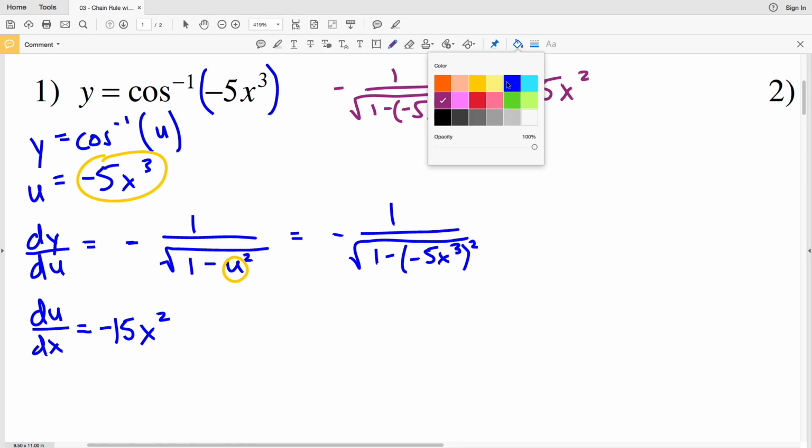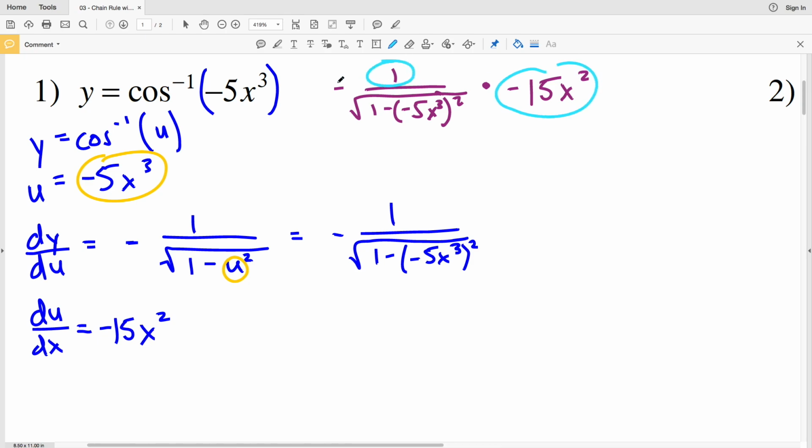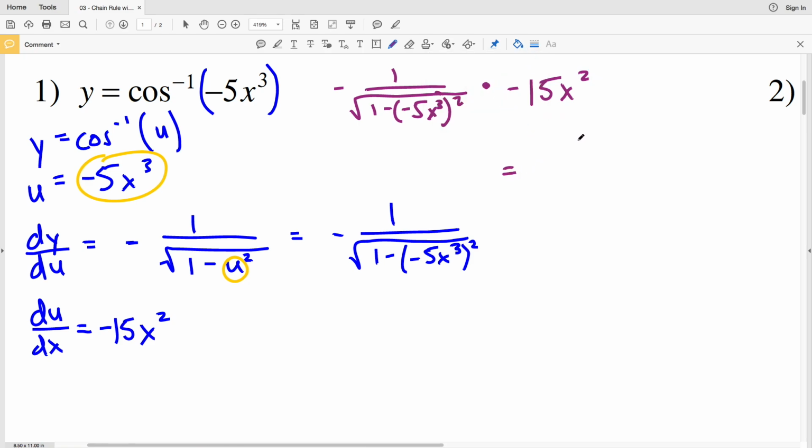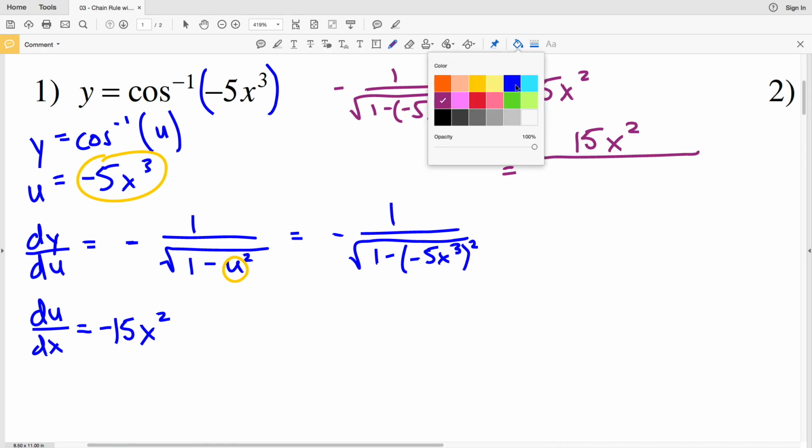Now how I'm going to simplify this is you'll see that negative 15x squared will get multiplied by negative 1. So we'll have 15x squared in our numerator. And in our denominator, I'm going to distribute this squared to both the 5 and the 3.